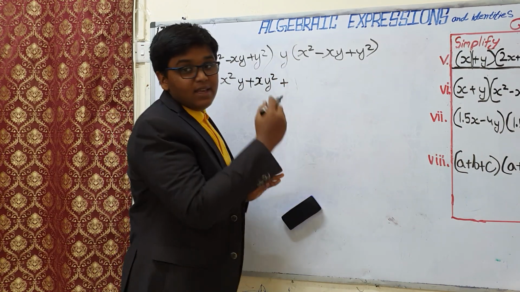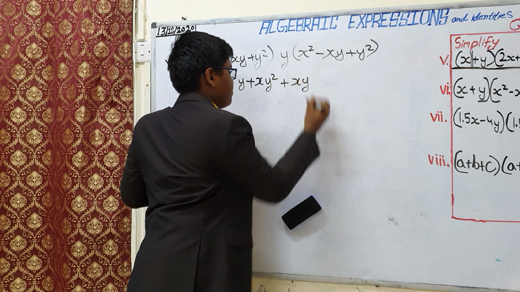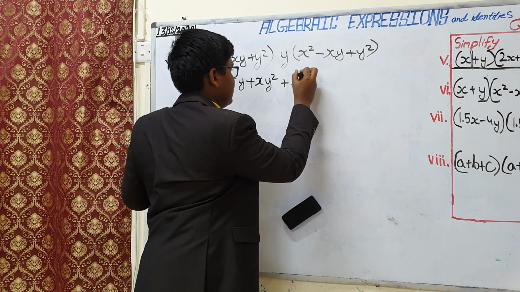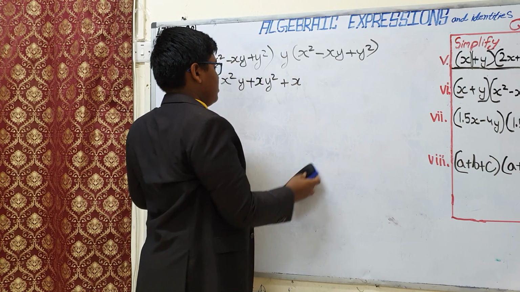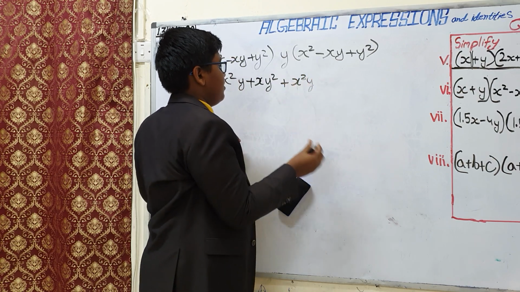Now we will put the positive sign and continue this one. Then y into x squared, y into x equals xy. I am writing it in alphabetical form. Then x has a square, so we will write x squared first, then the variable y: x squared y.